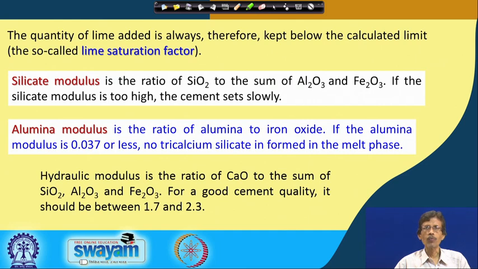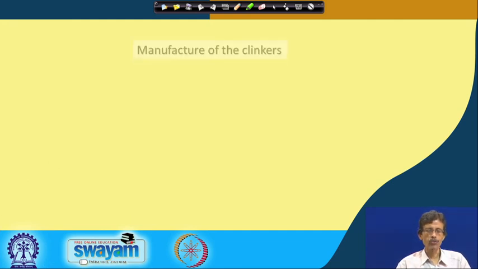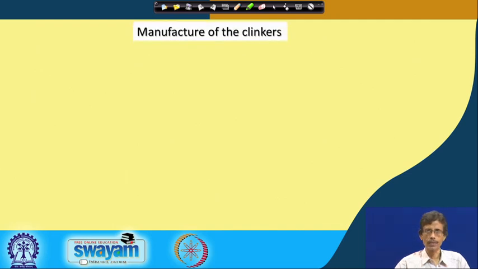So the four components we are dealing with in this cement material are calcium, silicon, aluminum and iron based oxides, and for good cement quality this ratio should be between 1.7 and 2.3. It should not be less than 1.7 and not above 2.3 to get very good quality cement. So quality control in the cement factory is determined by all these things.